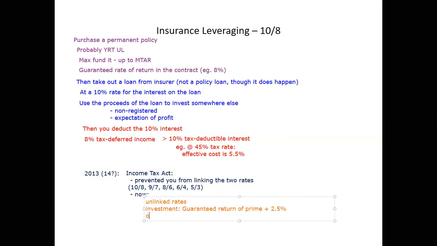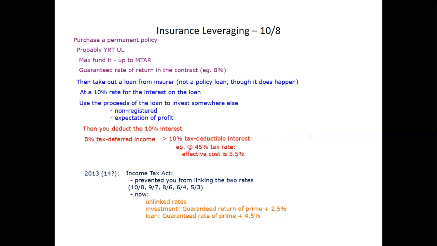And on the loan, you would have a guaranteed rate of prime plus, let's say, 4.5%. Okay, but the two are not contractually linked. And the idea then is you would have people who are buying the investment just for its sake without doing the 10.8. Okay, I do think it can work.